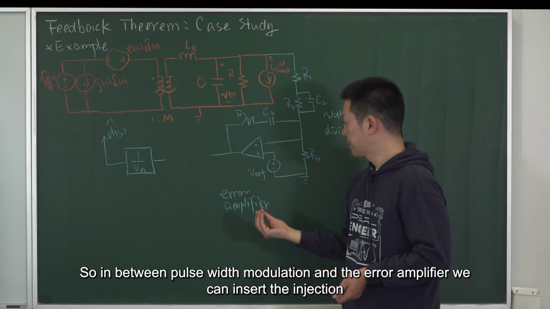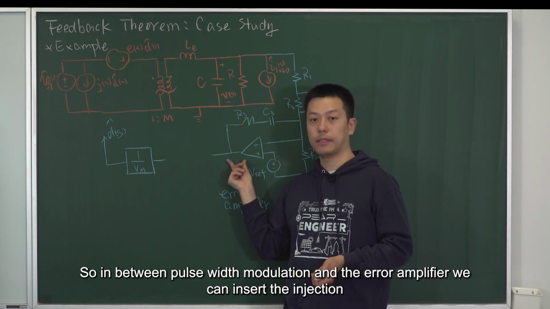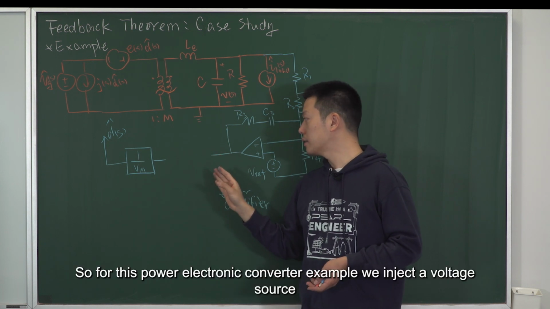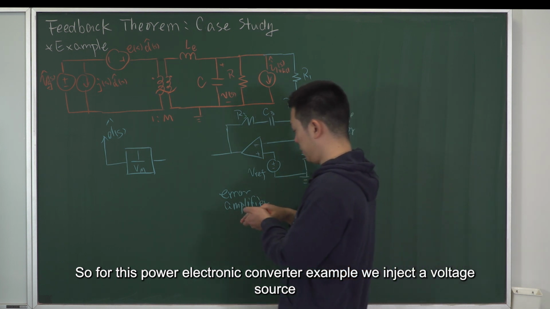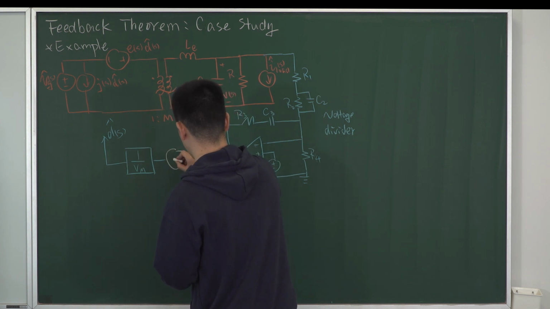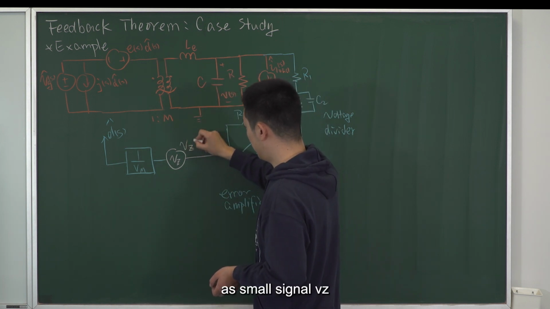In between the pulse width modulation block and the error amplifier, we can insert the injection. So for this power electronic converter example, we inject a voltage source as small signal Vz.